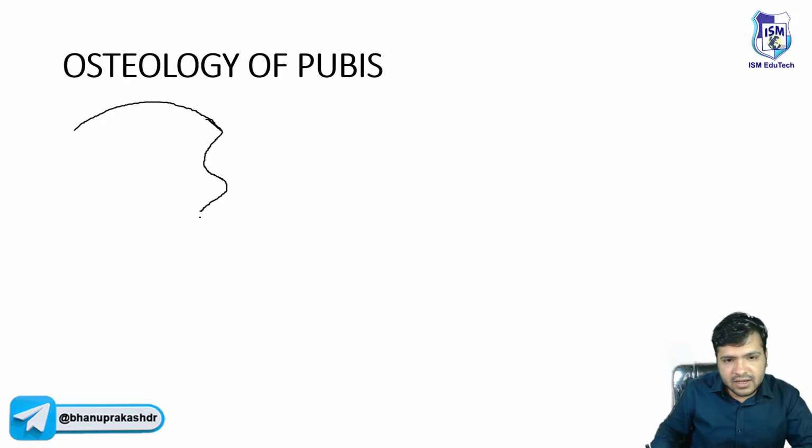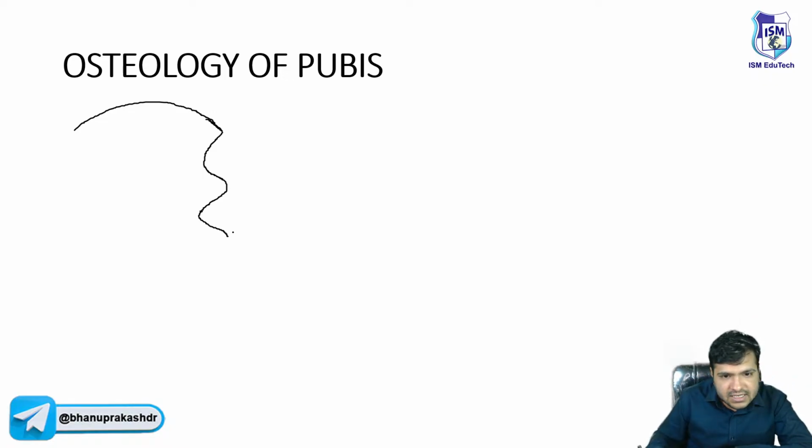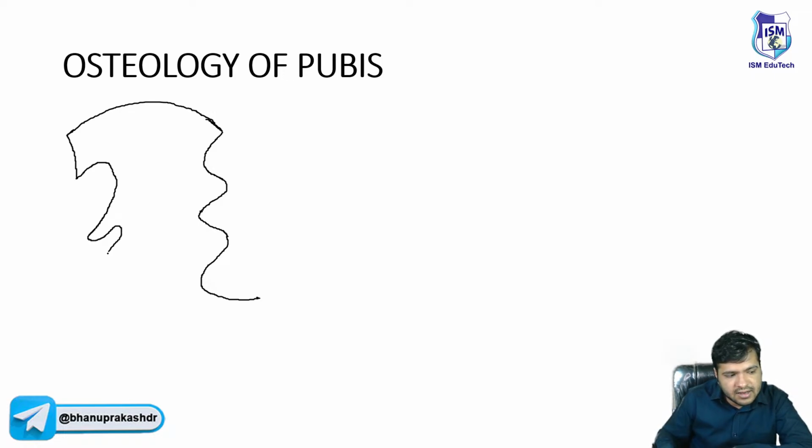Then you already know it is continuing with the pectineal line, and we have the posterior superior iliac spine, then posterior inferior iliac spine, then the greater sciatic notch, the lesser one. I'm not focusing on that part again.